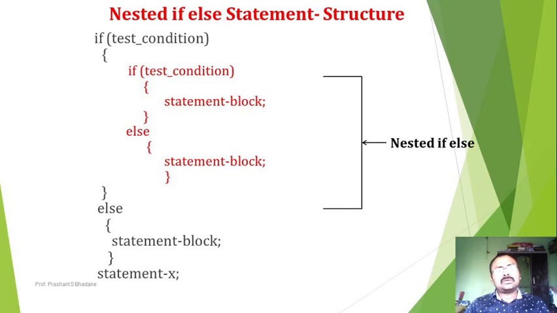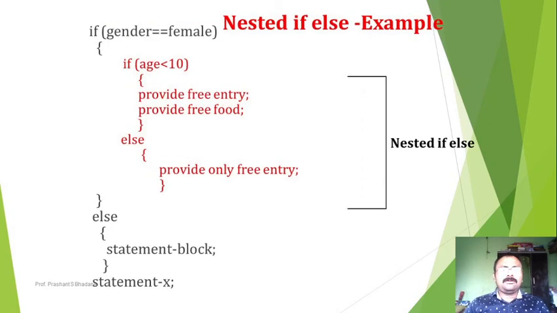If the condition is true, then once again another if condition is checked, and if that is true, then the statement blocks are executed. If the condition is false, then the else block is executed. For example, if gender is equal to female, and if age is less than 10, provide free entry and free food, otherwise provide only free entry.